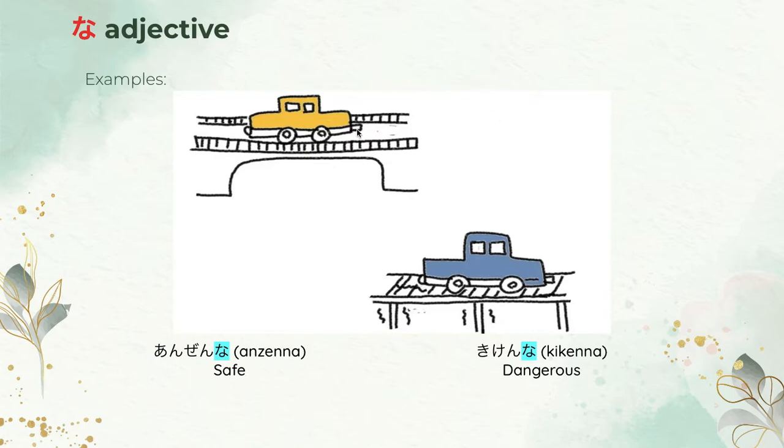The next one, there are two cars trying to go across the bridge. One looks stable, so it means safe, but the other one looks a little bit wiggly and old, so you could tell that it's a dangerous bridge.